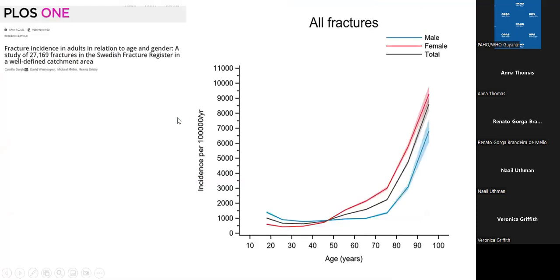Now let's talk about fall fractures. Fractures are a very important disease to be prevented in older adults because it has several consequences.